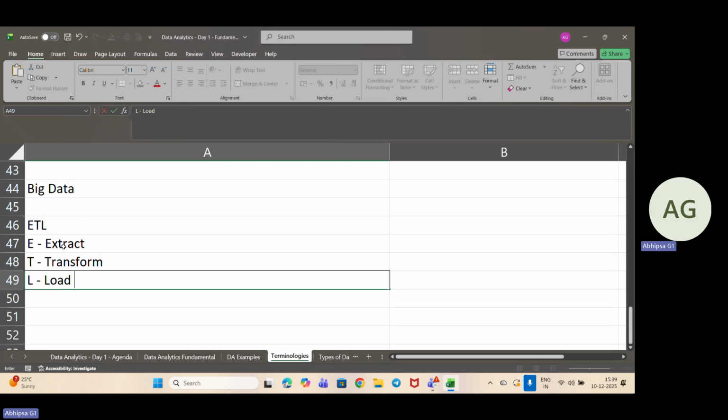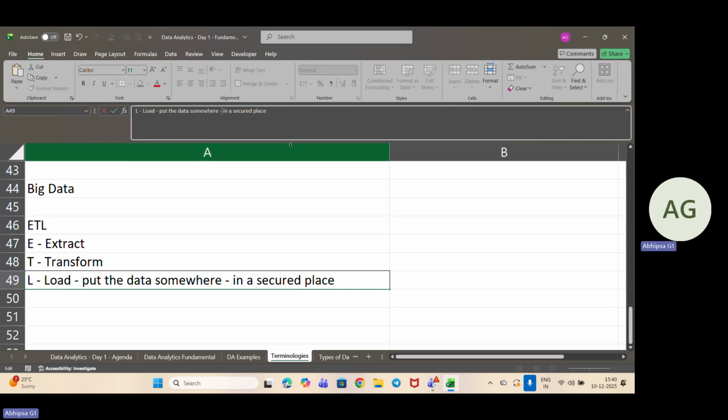So it's like putting the data somewhere in a secured form. Somewhere means either a database or a data warehouse. These are the places where we can take it.